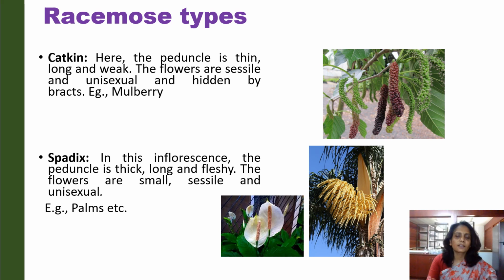Spadix is a racemose inflorescence again, where the peduncle is long, thick, and fleshy in nature. The flowers are again sessile, small, and unisexual. They are usually covered by a bract, otherwise called spathe, seen in palms, anthuriums, peace lily, etc.